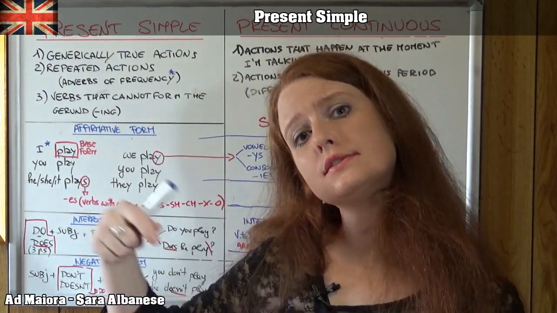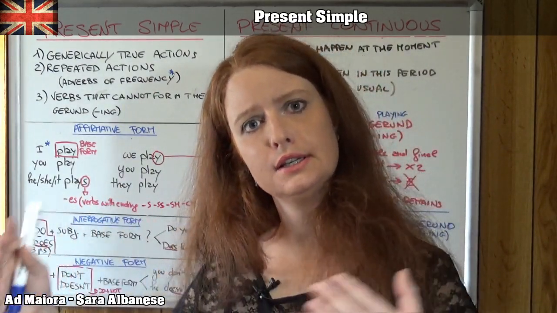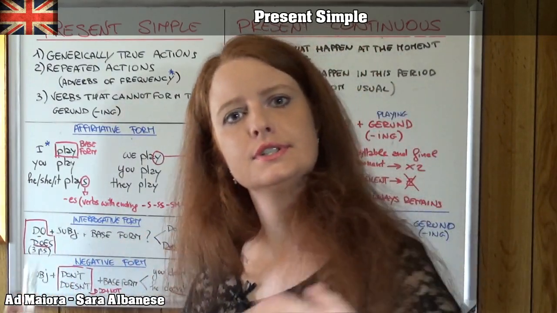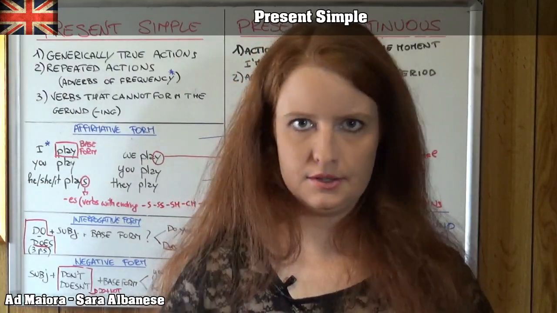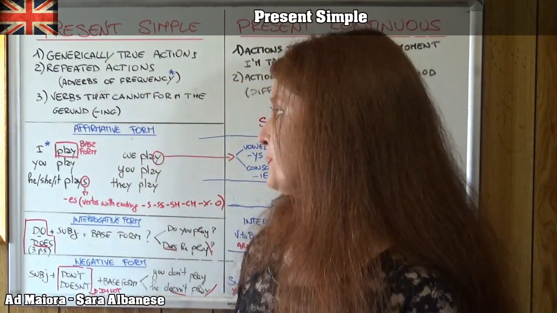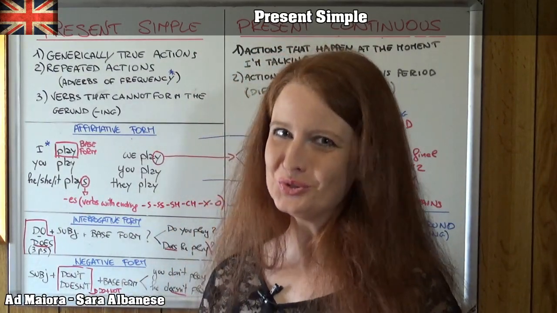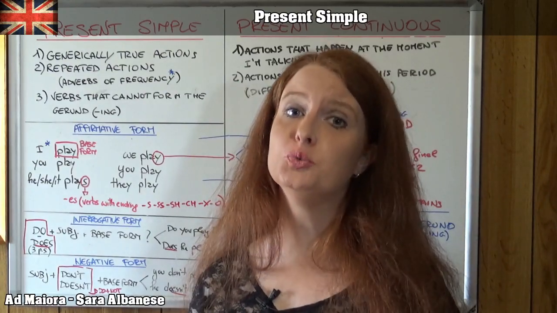I always go. You usually come. She never stays. Okay? And whatever you want to say. There is one exception to the rule, obviously, and this is with the verb to be.